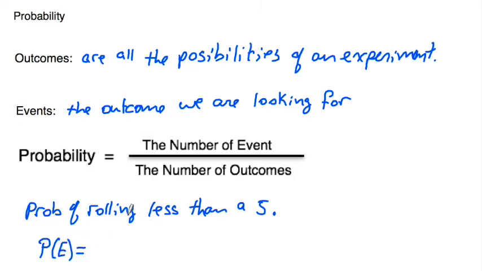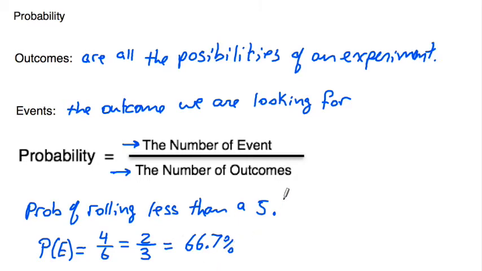The total number of events would be the 1 through 4, so there's 4 of them. The total number of outcomes of rolling a single die would be 6. So this would equal 2/3. Now sometimes with probabilities the fractions get a little messy, so sometimes it's better to write it as a percent. If you do 2 divided by 3 and multiply by 100, you're going to get 66.7%. So you have a 66.7% chance of actually rolling a number less than a 5.